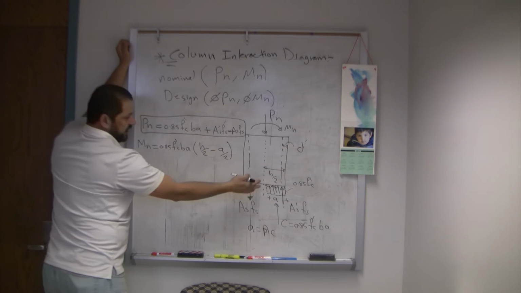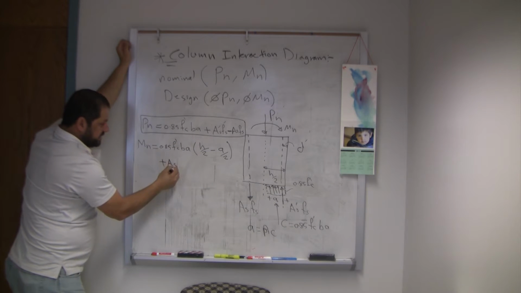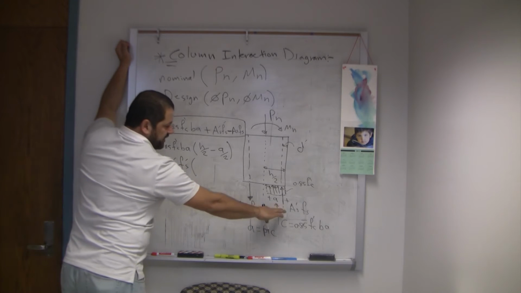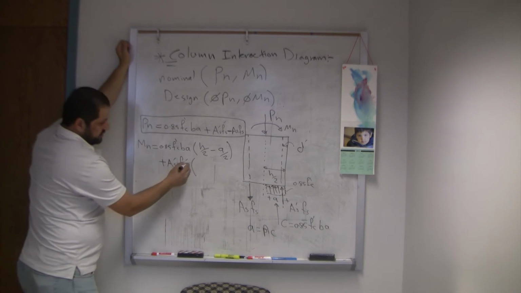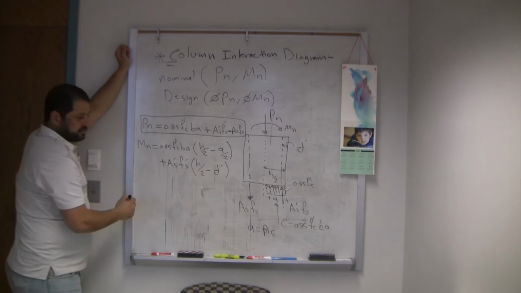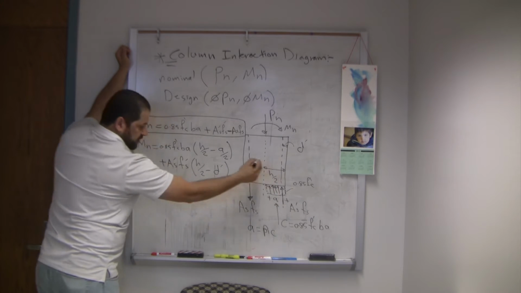So I'm equating that. Also, plus As' fs' times the distance from the centroid of As' to here, which is h over 2 minus d'. Now this one is plus, it adds, because it's also counterclockwise.